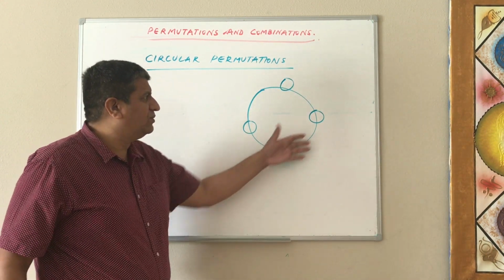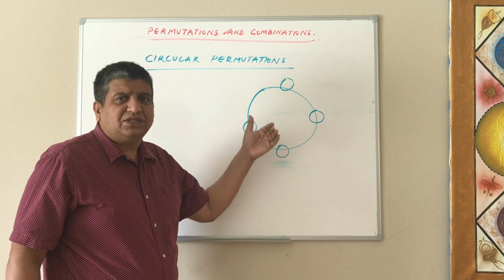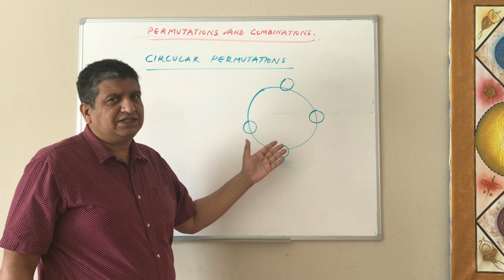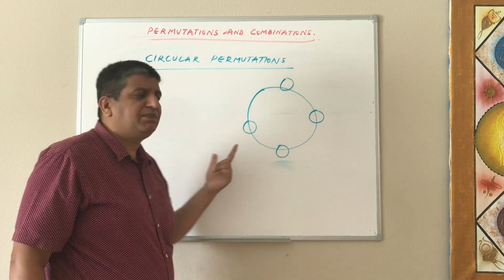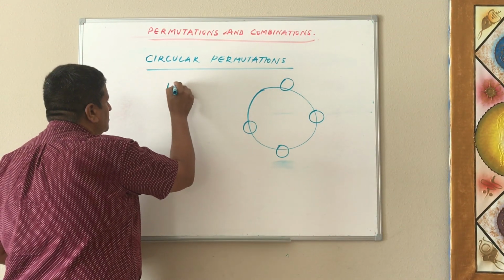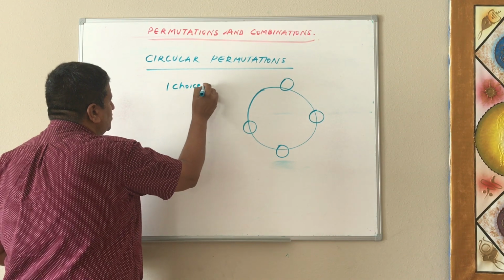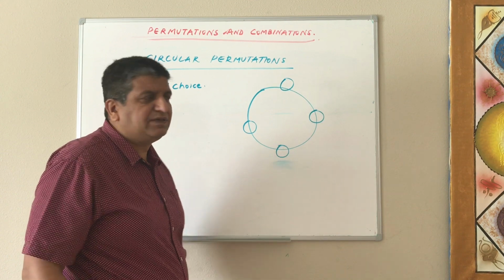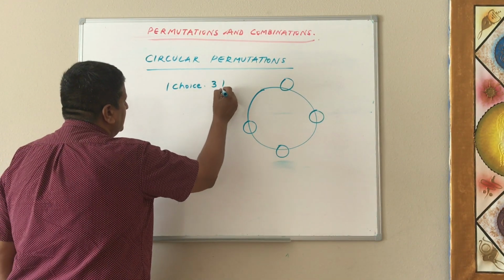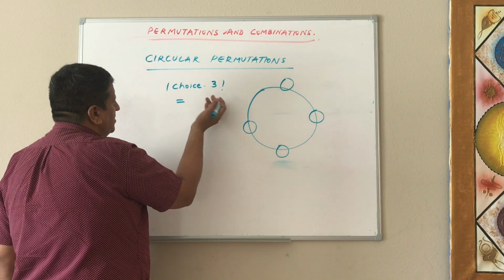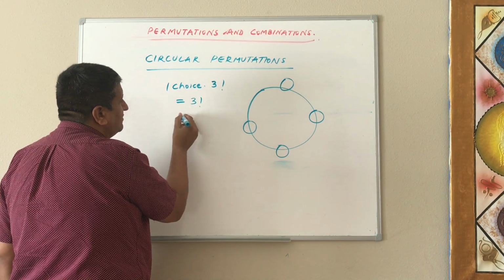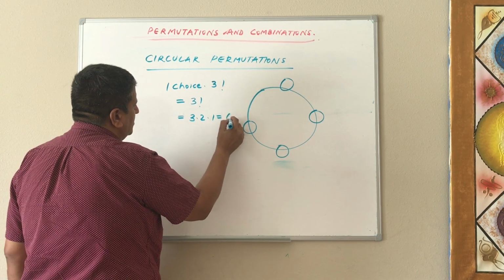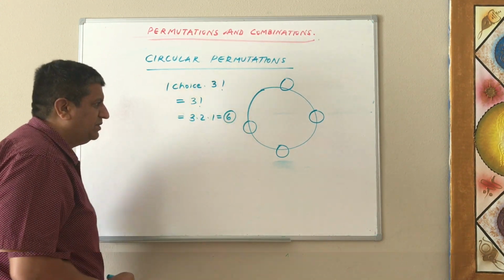So when the first person picks the chair, that is the first position, and all the chairs are exactly the same. So the first person has basically only one choice. The other three people can arrange themselves in 3 factorial ways. So the total arrangements will be 3 factorial ways, not 4 factorial ways, or 3 times 2 times 1, or 6 ways I can arrange these people.